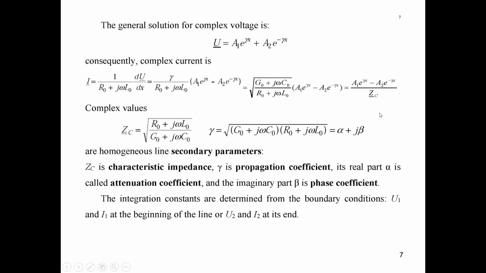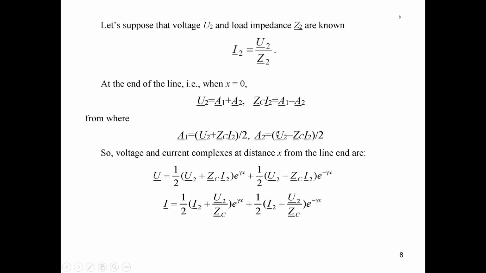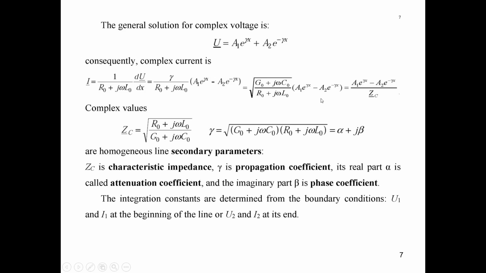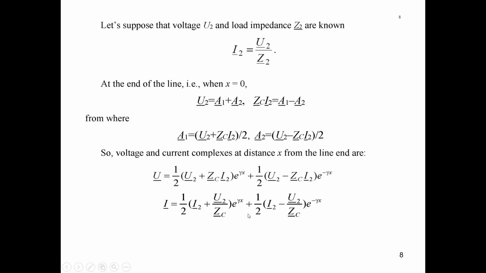Next, we change places of these two summands and write down not minus here, but plus. It will be 1/2, and for this item ZC I2 over ZC will be just I2, multiplied by e to the minus gamma x.